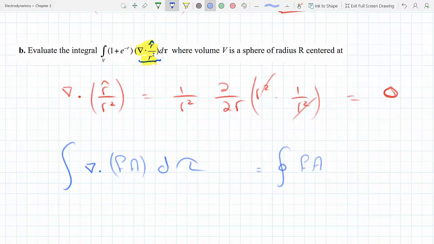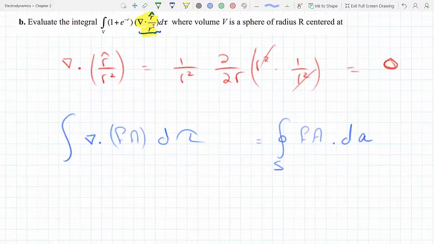In this case, what's inside the divergence is r over r squared, so it'll be the integral of that dA. It changes a volume integral into a closed surface integral.